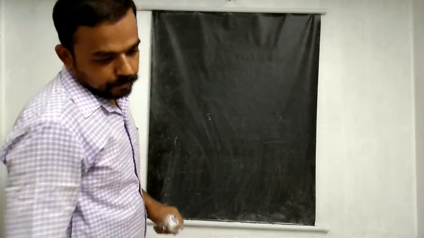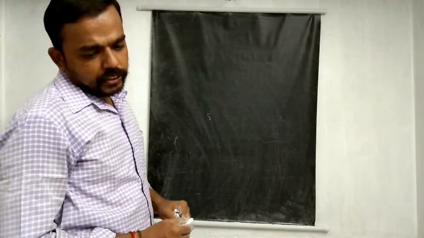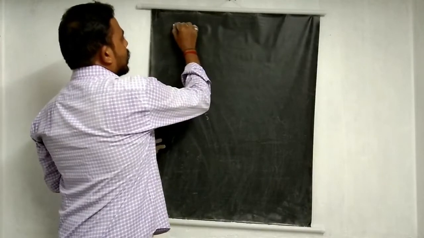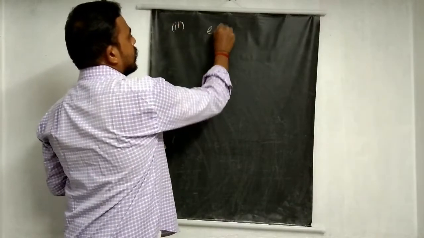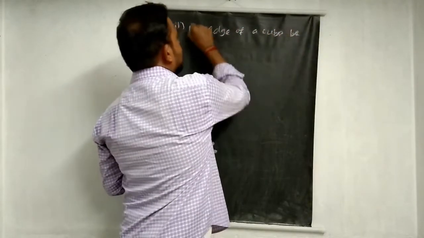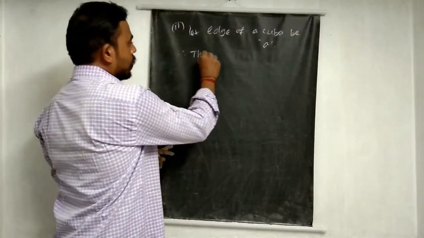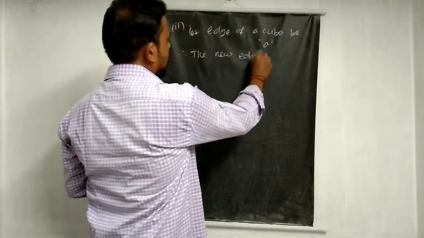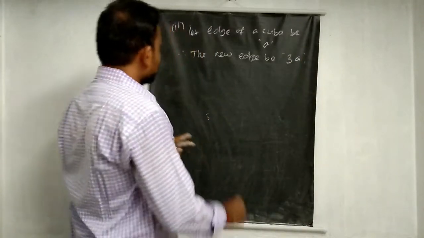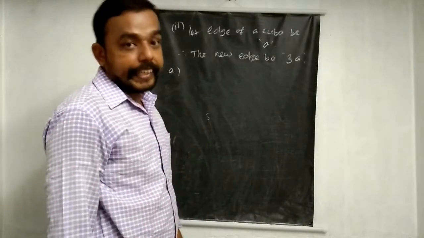And the second one. If each edge of a cube is trebled, consider the edge of the old cube as A, so the new edge is 3A. The first question: how many times will the surface area increase?